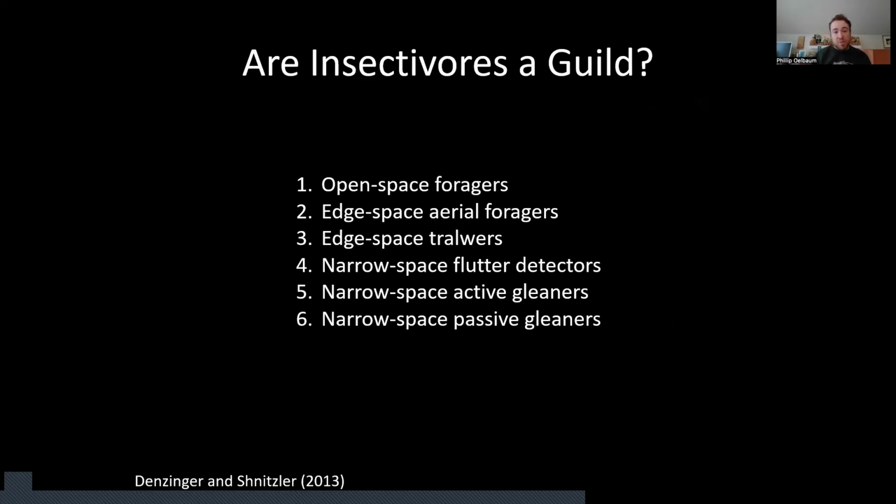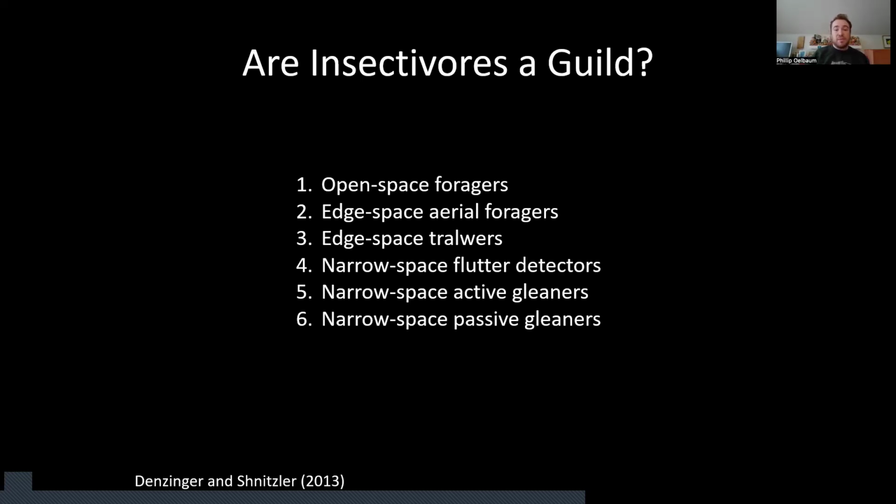They're bats that are open space foragers. These are largely Molossidae, free-tailed bats that will forage high up in open spaces. Edge space aerial foragers, so hawkers that occupy the edges of forests. Edge space trawlers, bats that will trawl insects or things off the surface of the water or off the surface of plants.